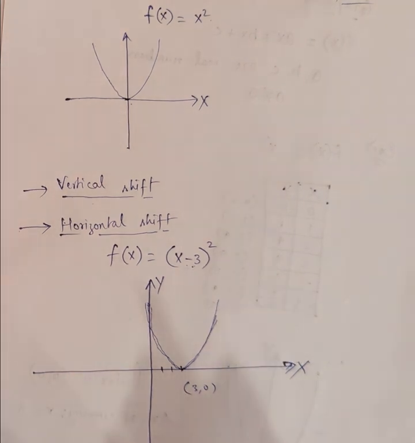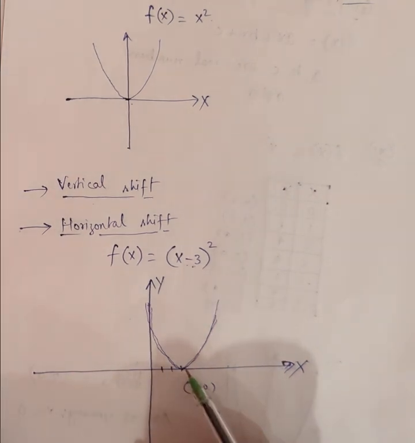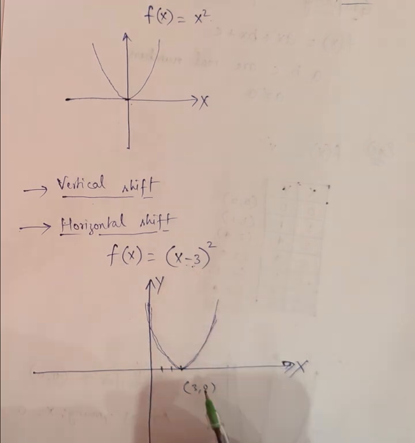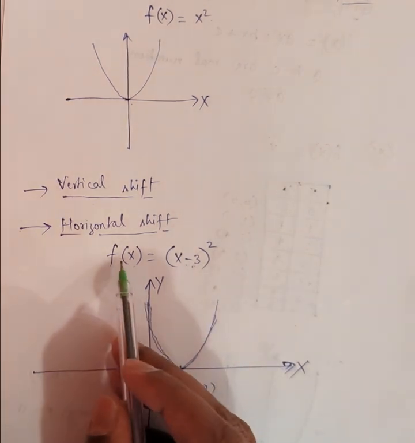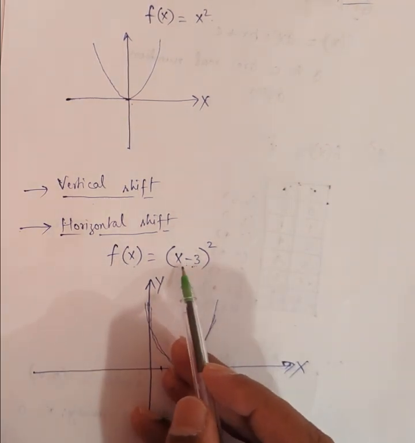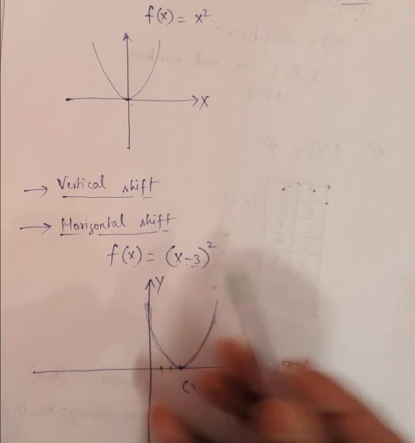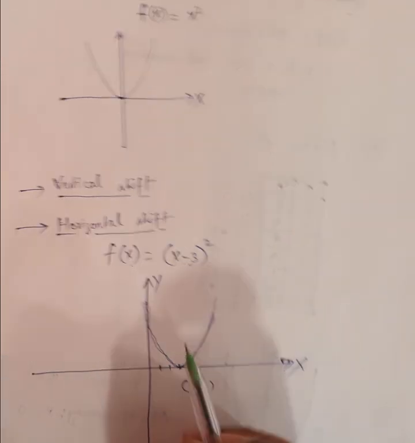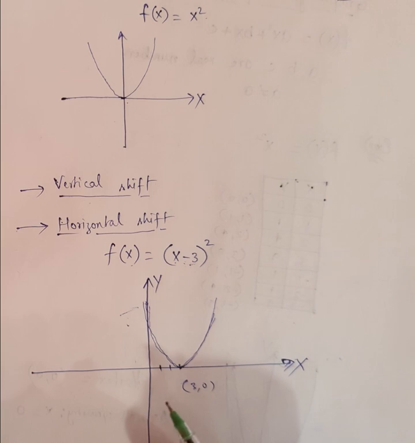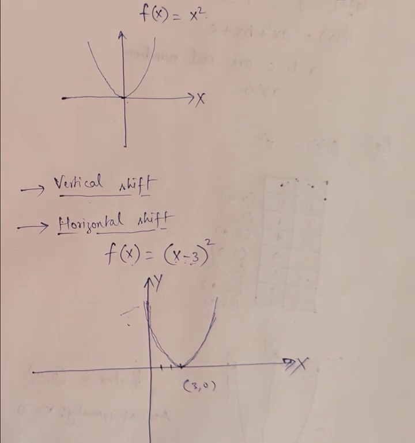Now the way I try to remember is, if I want y to be 0, then what do I take x to be? Well, if I take 3, then 3 minus 3 is 0. So that's why I want x equal to 3 here, which means x is positive 3, so we are moving to the right 3 units.